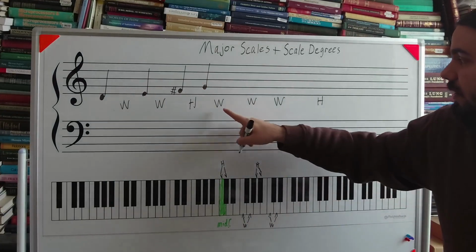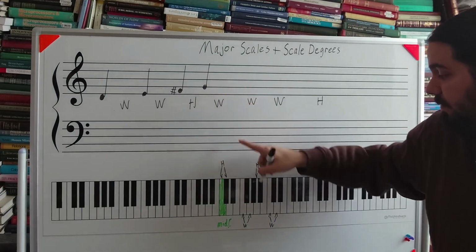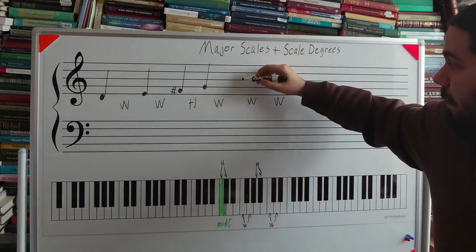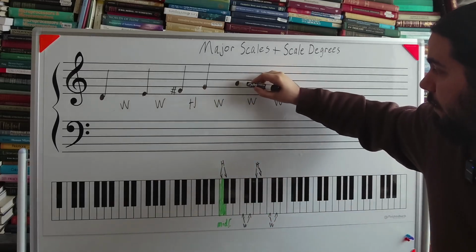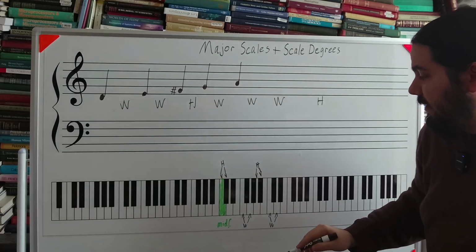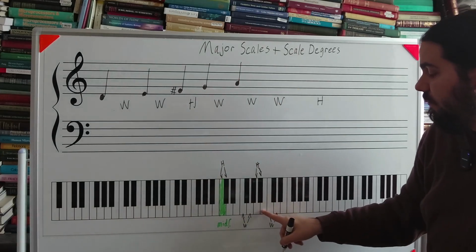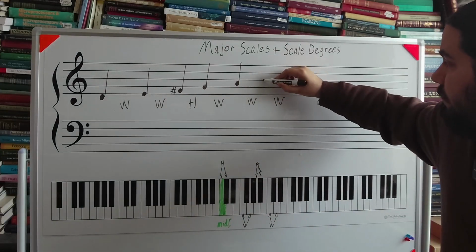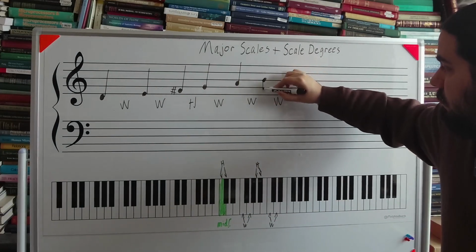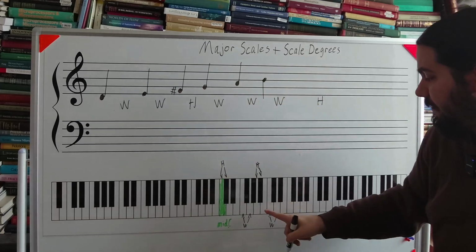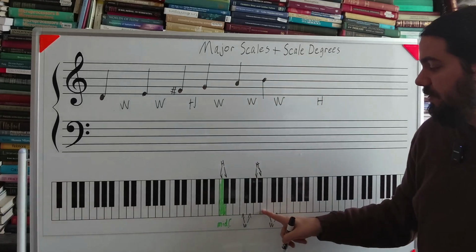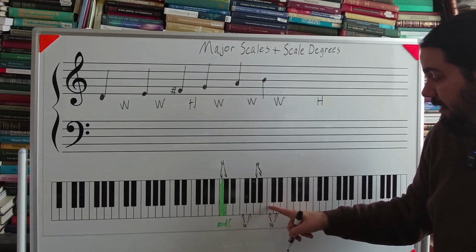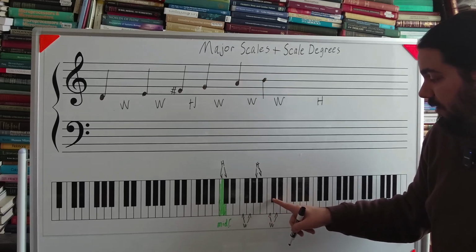And then we need a whole step up from G, which is A. Then we need a whole step up from A, which is B. Whole step up from B, similar to the whole step up from E, not C, but C sharp.